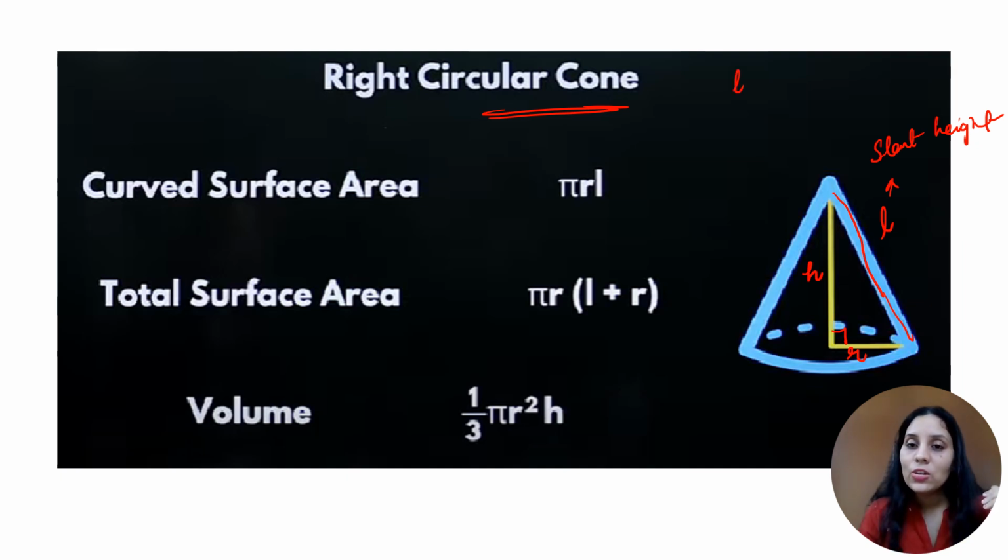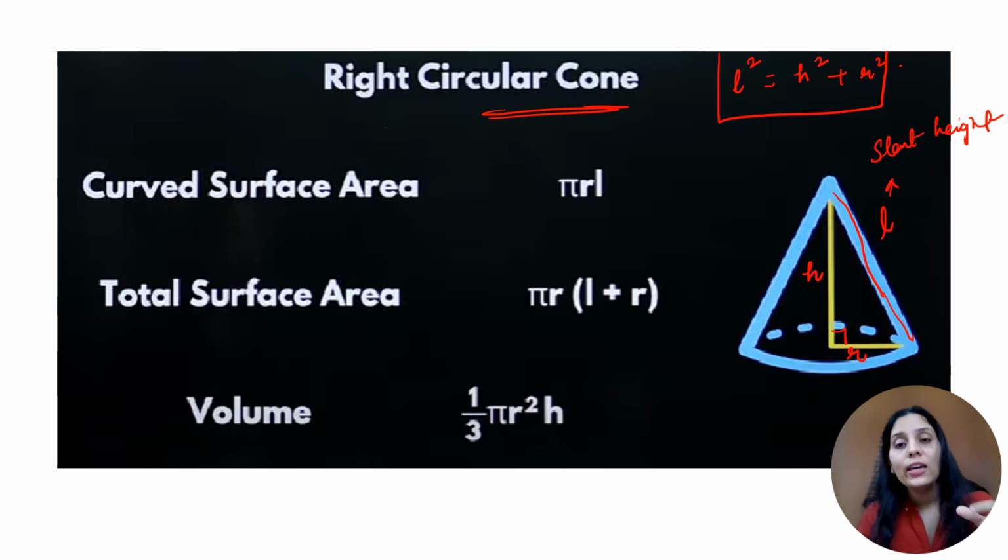Hypotenuse square, so slant height square is equal to sum of the squares of other two sides. So this is the condition that you need to remember. If any two things are given, if L and H are given, you can find R. If height and radius is given, you can find slant height. Similarly, if slant height and radius is given, you can find the height. So if you know this, anything can be calculated.